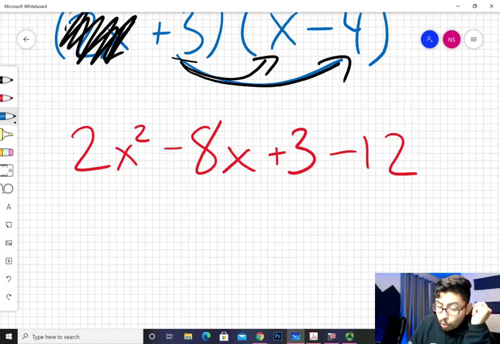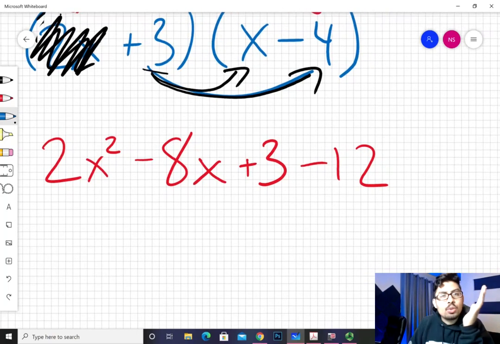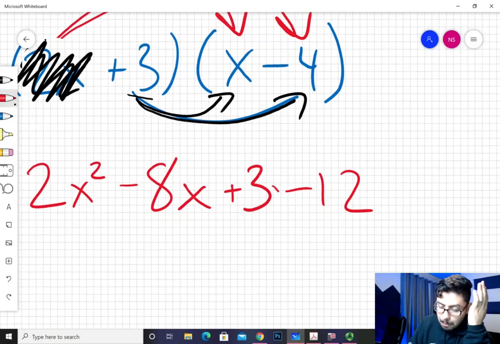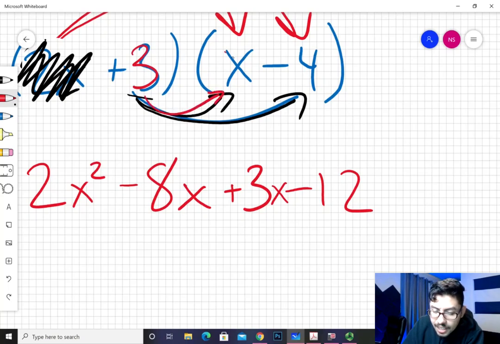What I should be always attentive of, I'm so stupid. Bloop. I really do apologize, y'all. Did you see here the 3 times the x? I said 3x. I know I did. I'm not that dumb. But I forgot to put the x.